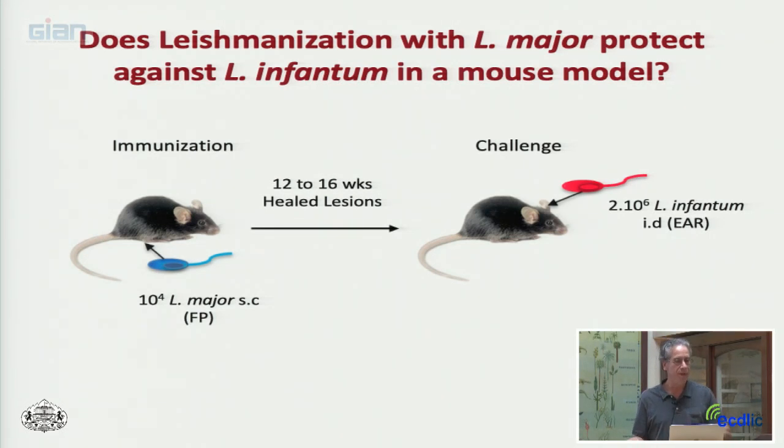There's some pathology in liver and spleen, but the mouse is a terrible model for human disease. Mice, no matter how many parasites you give them, do not develop progressive disease, but they will develop infection. So we're just looking at protection against parasite burden in the viscera.